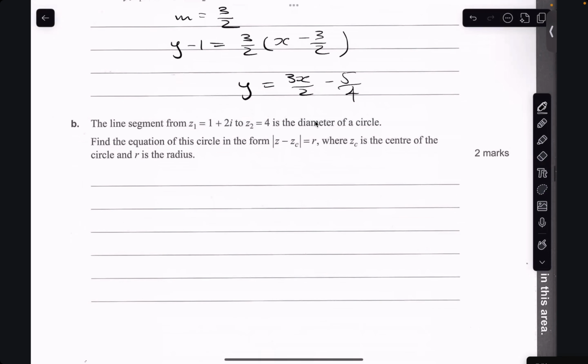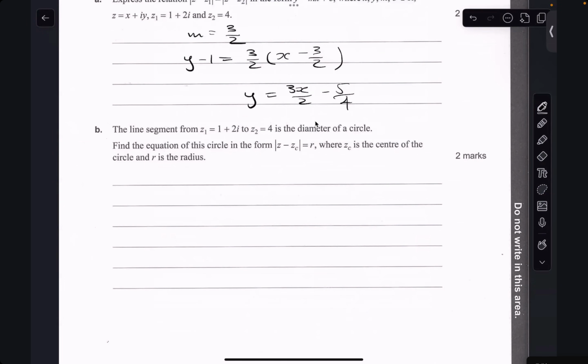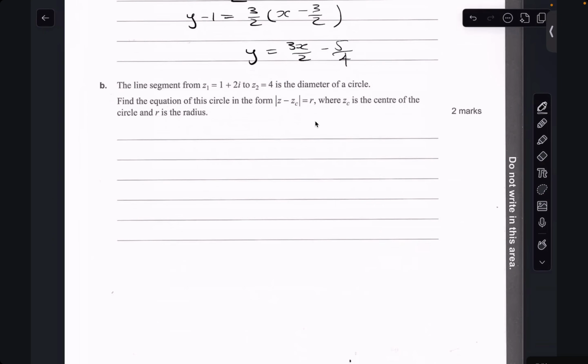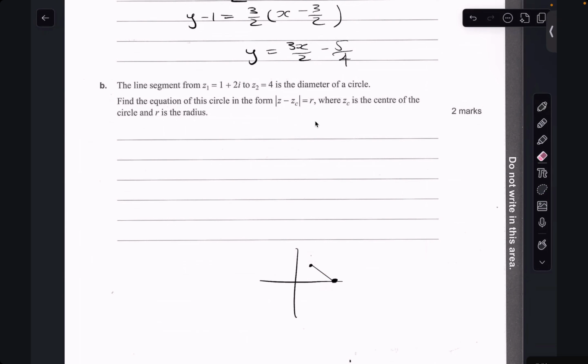The line segment from that is the diameter of a circle. Find the equation of this circle in the form that. Okay, so we've got the points 1, 2 and 4, 0, and that's the diameter of a circle. So what's the radius of this circle?